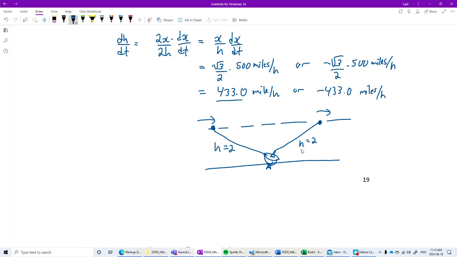So here, h is increasing at 433 miles per hour. Here, h is decreasing at 433.0 miles per hour.